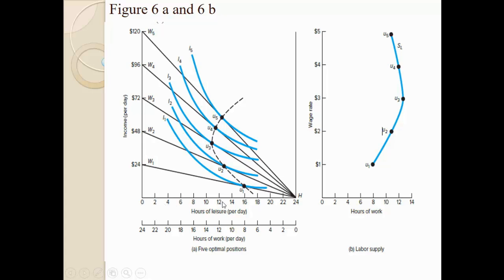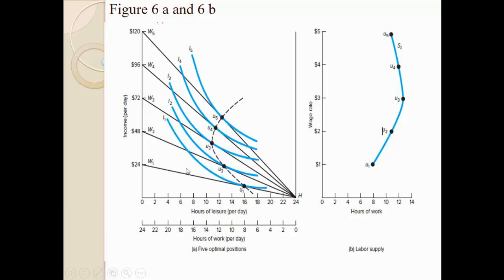We see here on the x-axis the hours and on the y-axis the income. From O, when we move to H, this is an increase in the leisure time. Increase in the leisure time means reduction in the work hours.